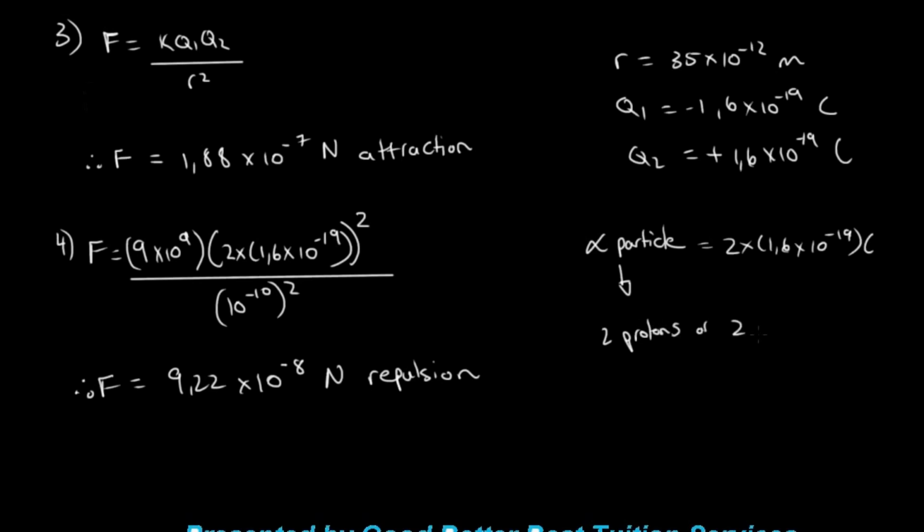With two neutrons. Okay, that's what an alpha particle is. So that's why the charge on an alpha particle would be 2 times the charge on one proton. So it's just 2 times the charge. That's it, yes.